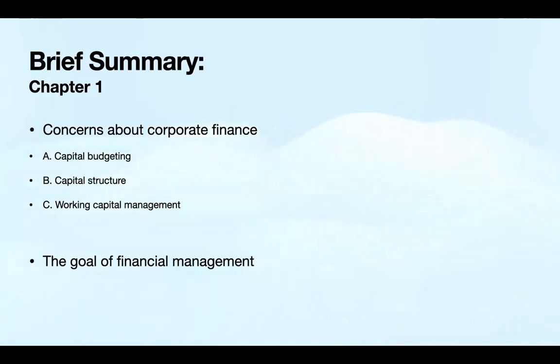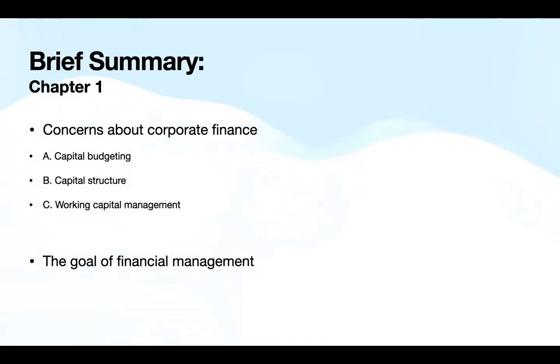And the second one is capital structure. It is about where a firm will get its long-term financing to pay for its investment. In other words, it's about what mixture of debt and equity a firm should use to fund operations. The final area is working capital management, and it is about how a firm should manage its everyday financial activities.